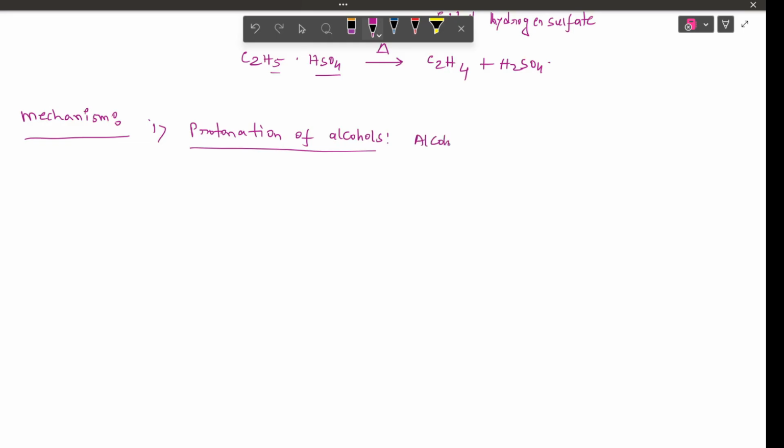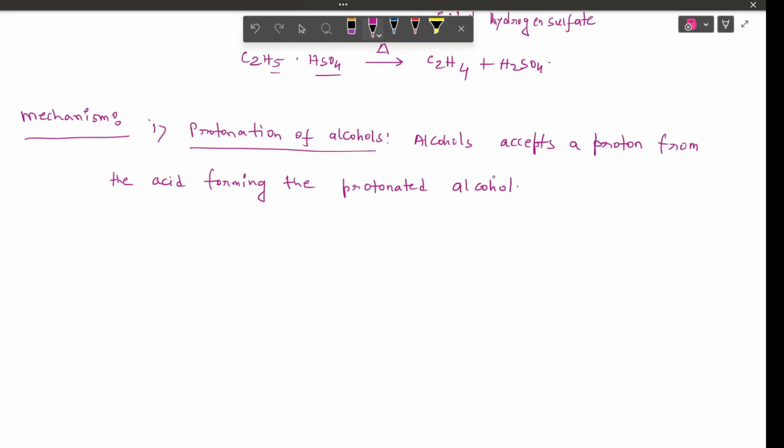Alcohols accept a proton from the acid, forming the protonated alcohol.